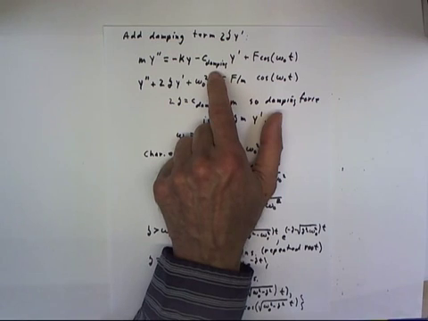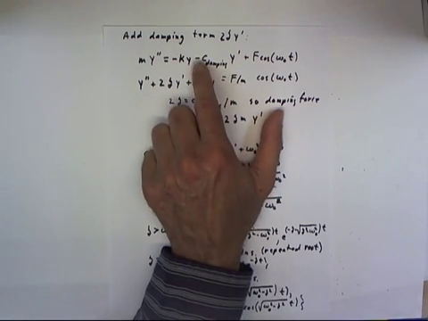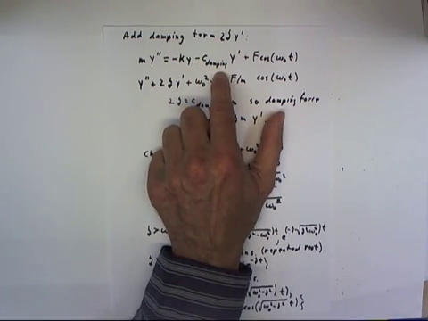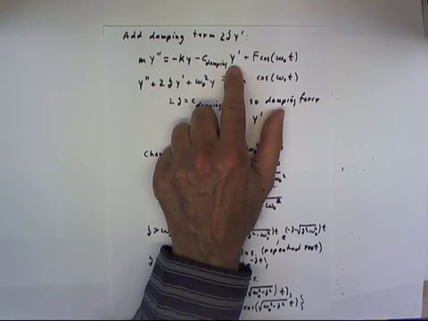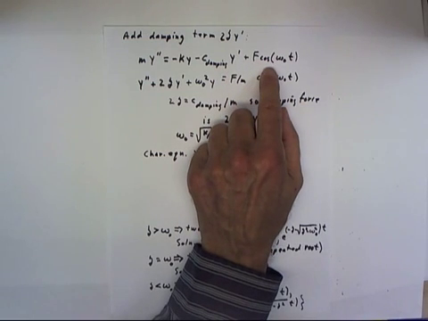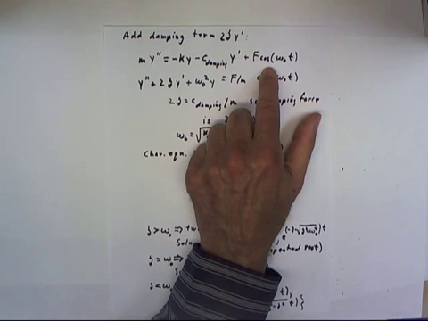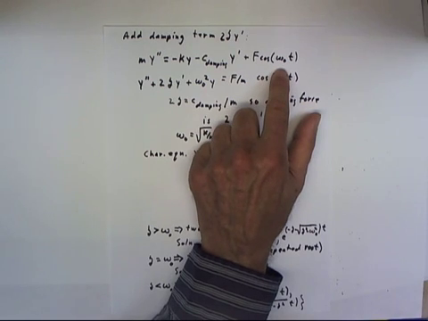And then we have our damping force, and I'm going to call that some damping constant times y prime, some damping constant times the velocity. And then our driving force, F cosine of omega naught t. Now we're assuming that we do have a driving force that's resonant with the system, a driving force at the same frequency as the natural frequency of oscillation.